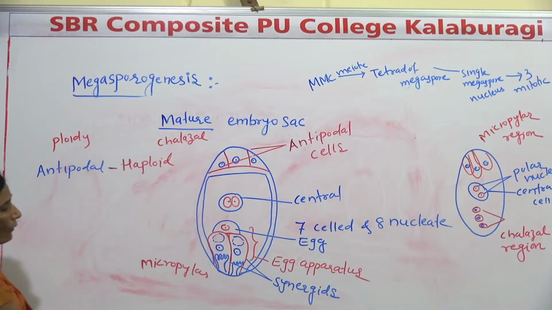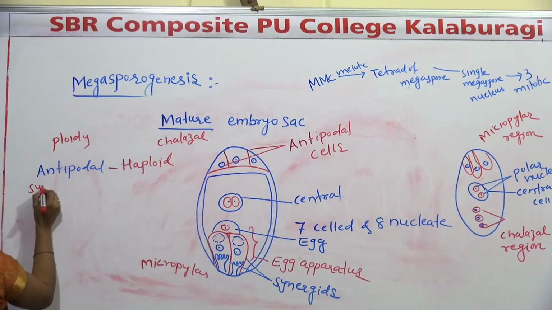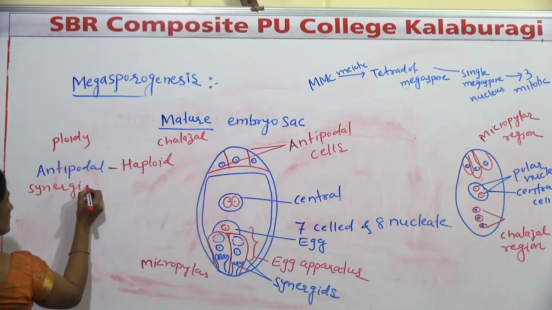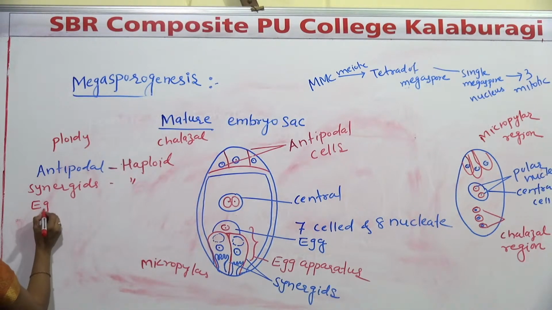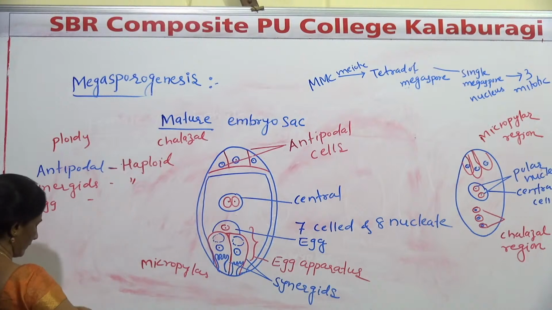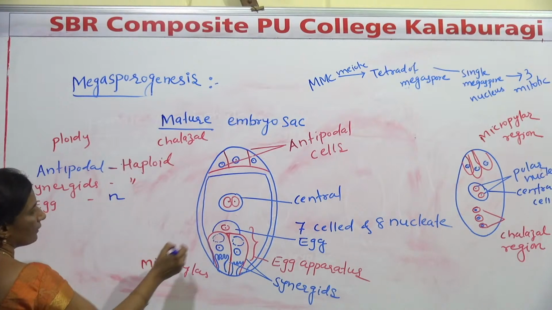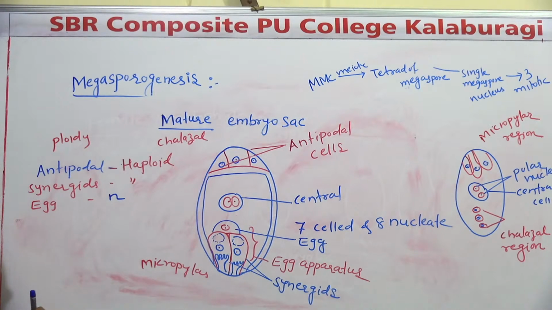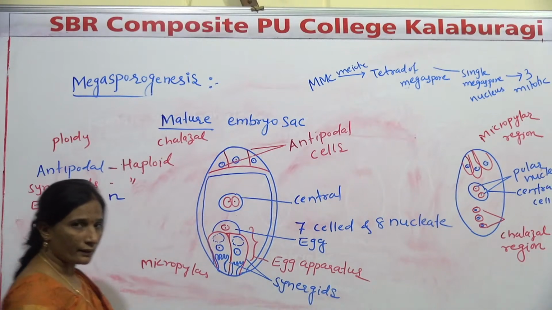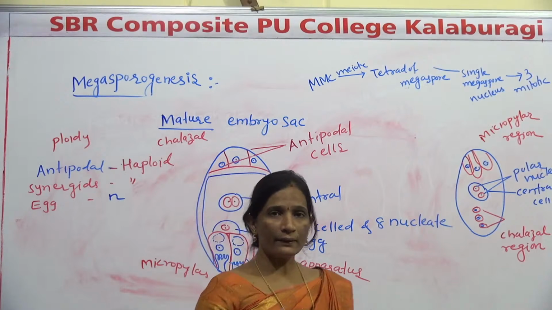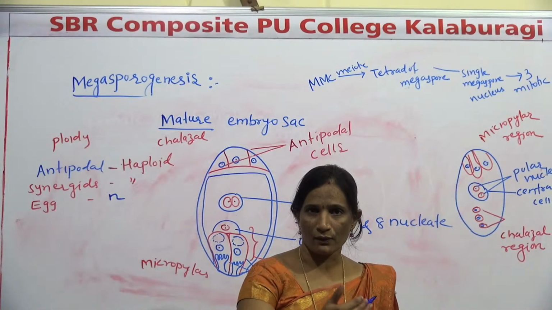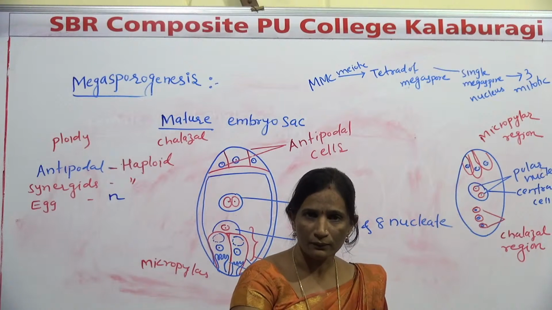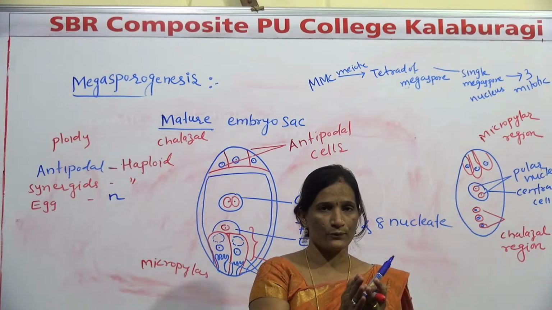Okay. What is the ploidy of synergids? Haploid. What is the ploidy of the egg cell? Haploid. Then what is the ploidy of the central cell? Here you have to remember: just prior to fertilization, the two polar nuclei fuse.